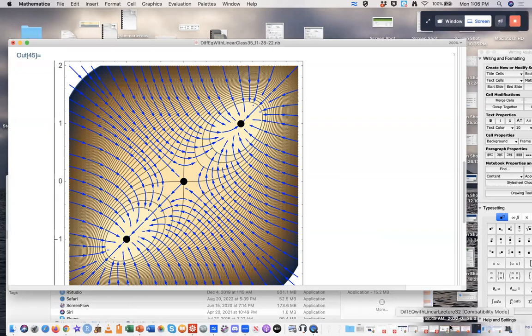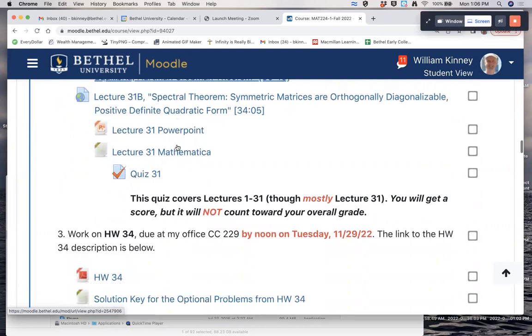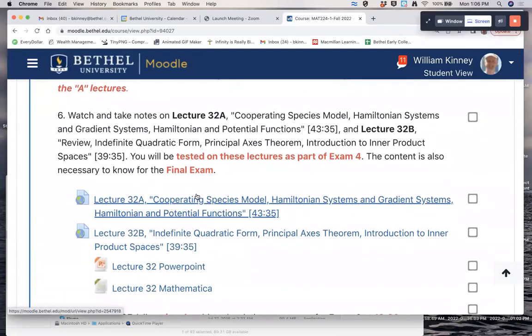I think it's 31A, which you may or may not have watched by now. Hyperbolic equilibria, Hartman-Grobman theorem. There's other stuff too. Hamiltonian and gradient systems show up in 32. I haven't talked about Hamiltonian systems yet. I will. Gradient systems.